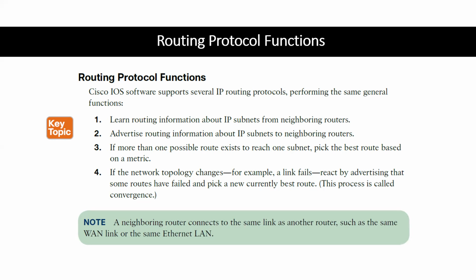And last but not least, number 4, if the network topology changes, for example, a link fails, react by advertising that some routes have failed and pick a new, currently best route. And what is this process called? Because, of course, it happens in spanning tree as well at layer 2, it is convergence, with, of course, a topology change notification.